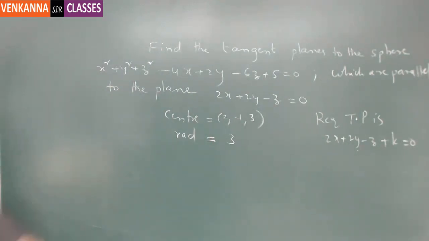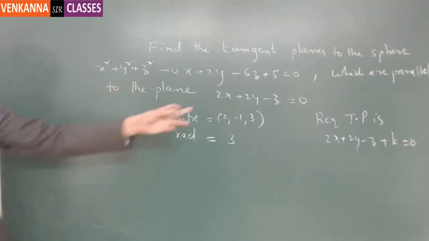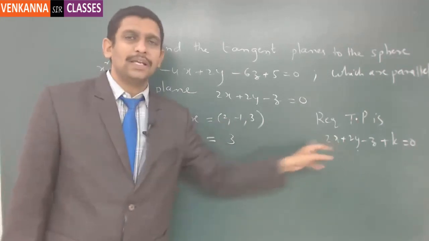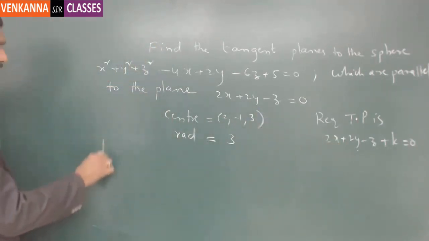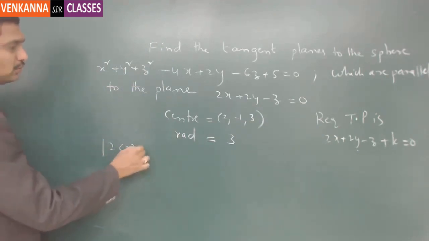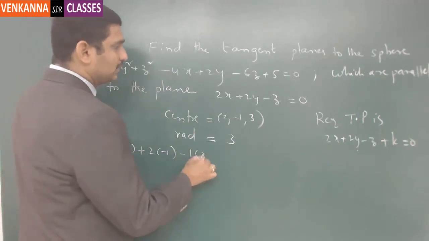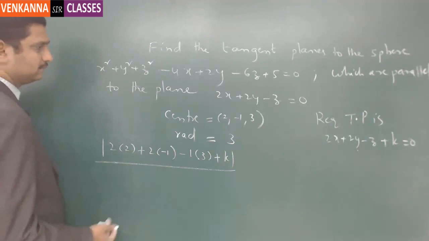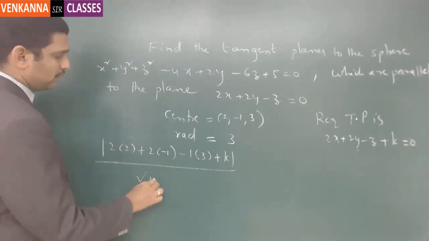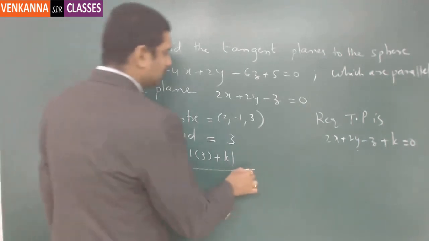Since it is a tangent plane, the distance from center of the sphere to this plane is nothing but radius. So applying the distance formula, modulus of 2 into 2 plus 2 into minus 1 minus 1 into 3 plus k, whole divided by square root of 4 plus 1, is equal to 3.